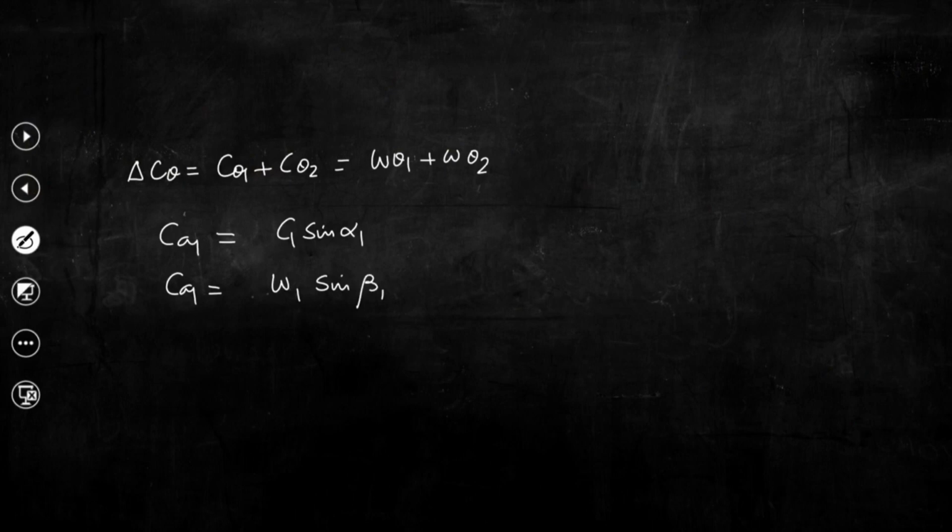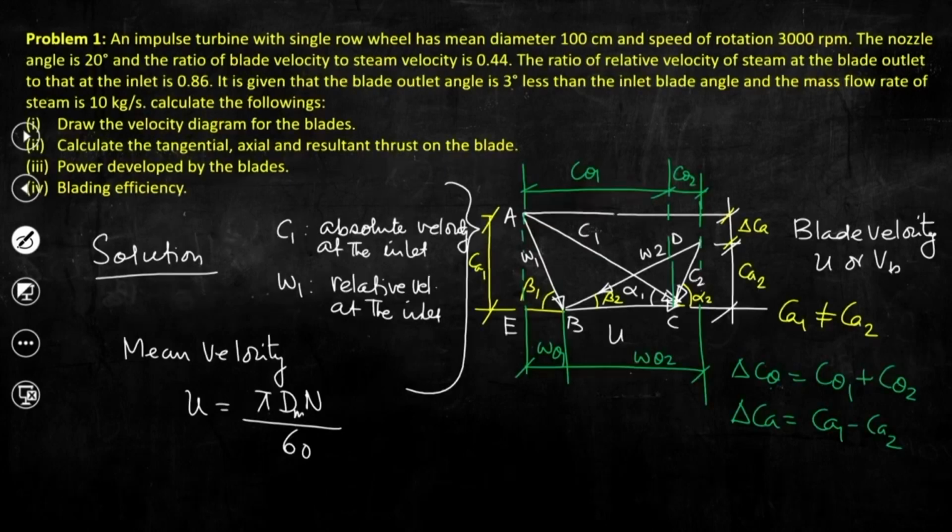Now, we can also write another important relation: from triangle ABC, C1 cos alpha 1 minus VB.